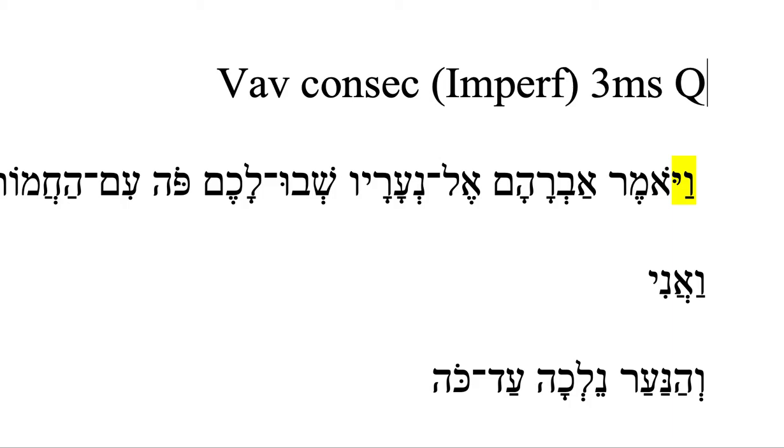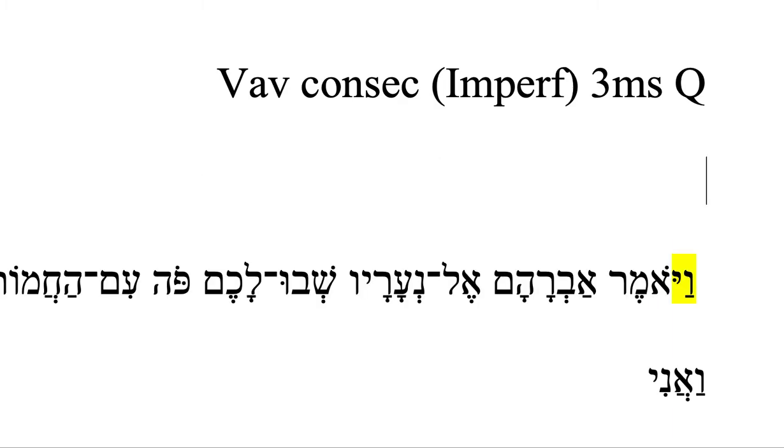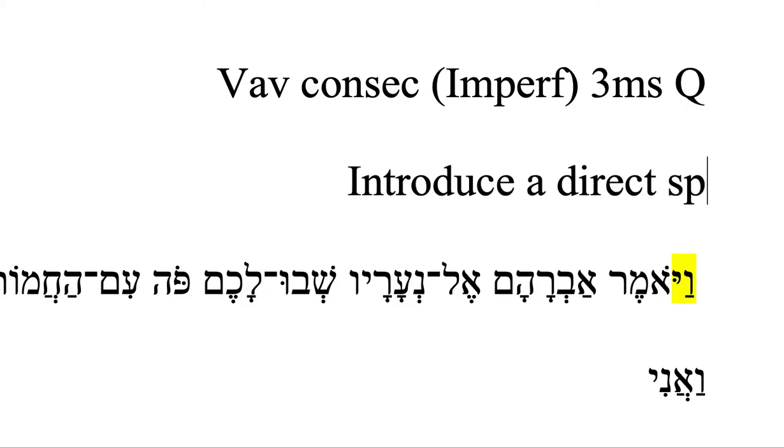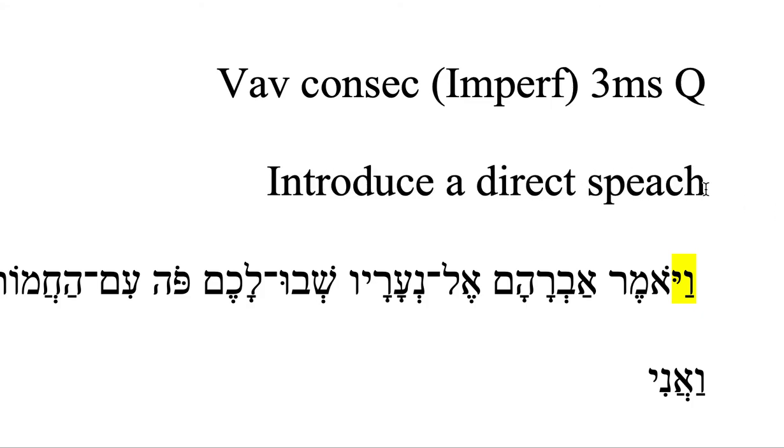I told you one thing earlier in the class, that this verb amar is used to introduce a direct speech. So once you see vayomer, you are expecting one of two things.